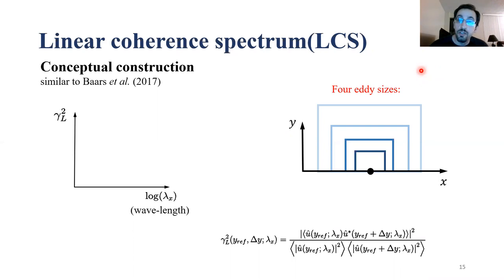For this illustration, I use 4 eddy sizes. These rectangles represent eddies of different sizes. Each of these rectangles represents an eddy hierarchy in the jet flow.